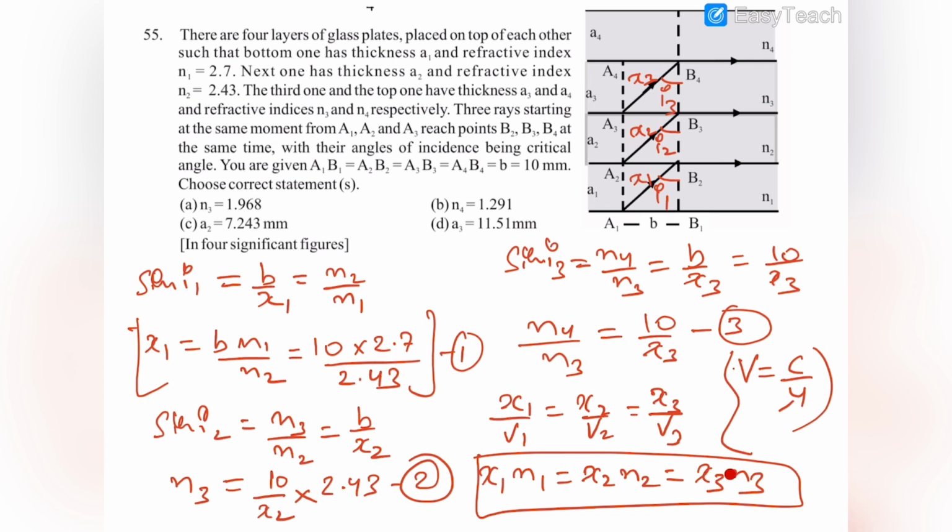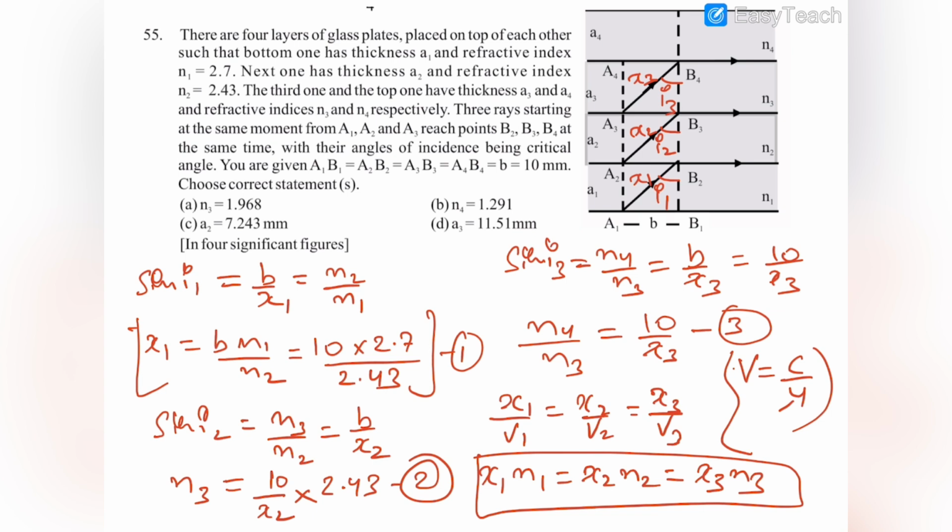And in the third case, x3 n3 is equal to this product which we have already calculated. So we can substitute the value of x2 here and find out n3, and if we find n3, then we can find x3 from this one. Okay, so after finding x3 and n3, we can calculate n4.